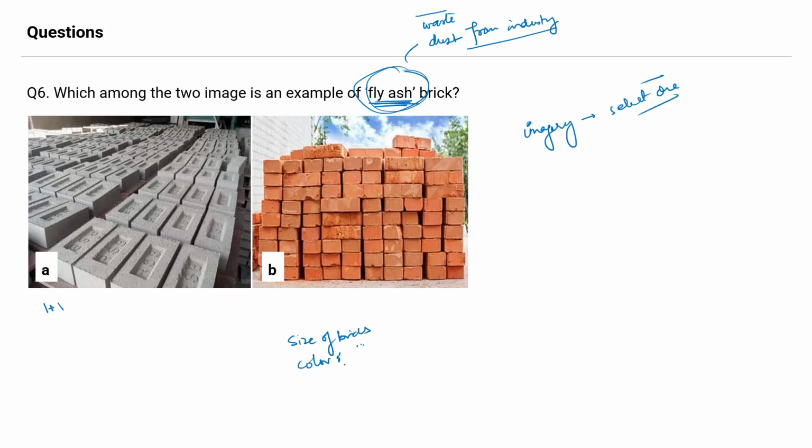Correct, correct. Is it the color of the bricks? Yes. So when you're talking about waste, so dust waste from the industries, all coming from the chimneys, basically those are being used while mixing certain more ingredients, and these are being generated. So these are your fly ash bricks. These are quite light in weight, but then they have good strength.